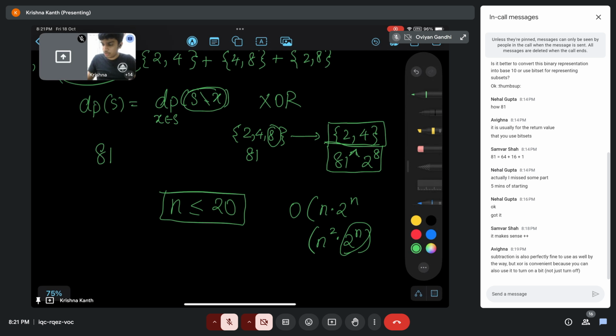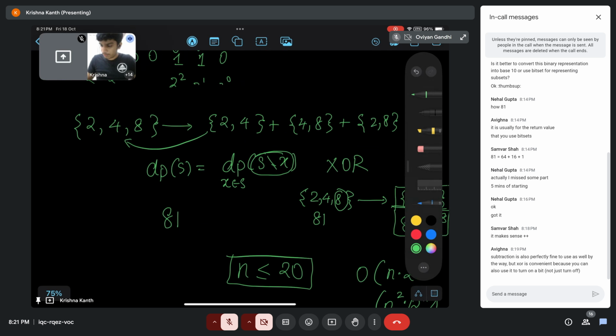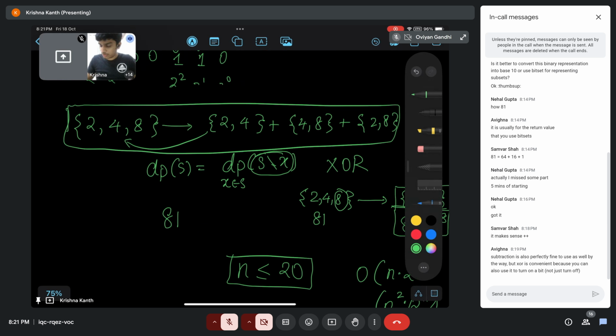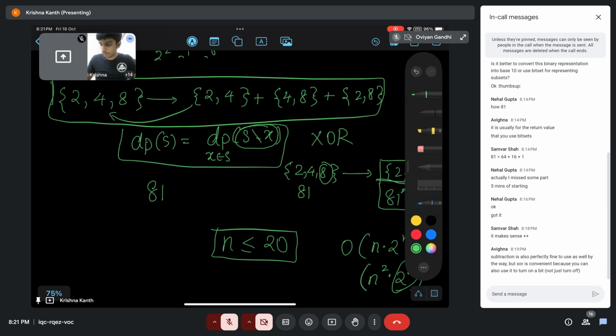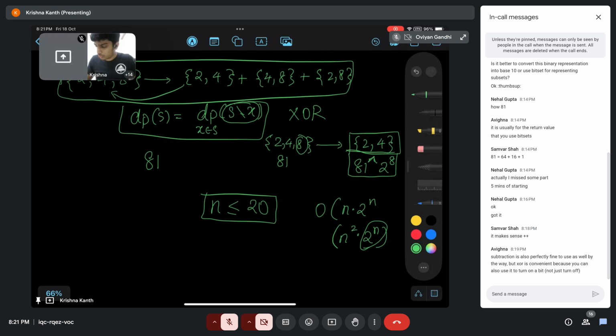Like in this particular DP case, the transition is basically this. So this would be O of n on average because you're removing every element from the subset and calculating the individual DP values. This is how the complexity usually looks.